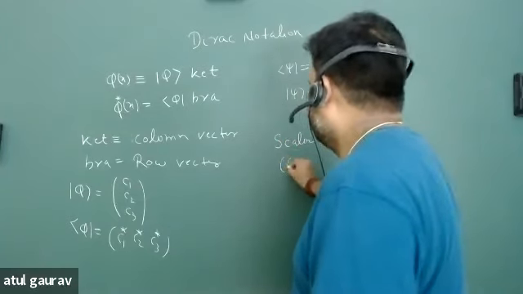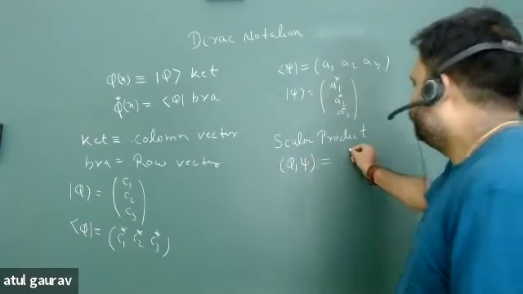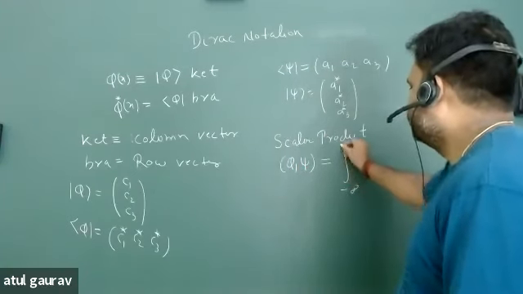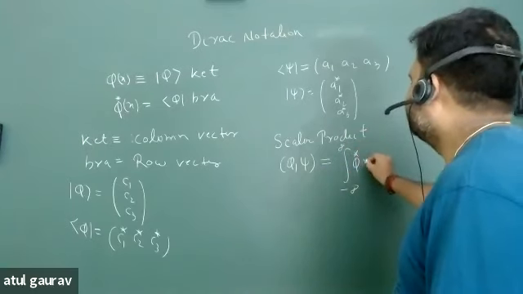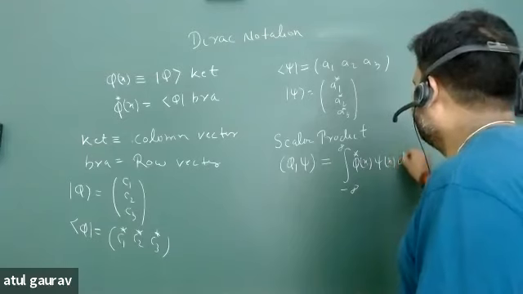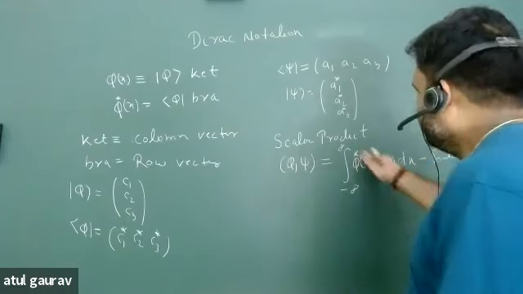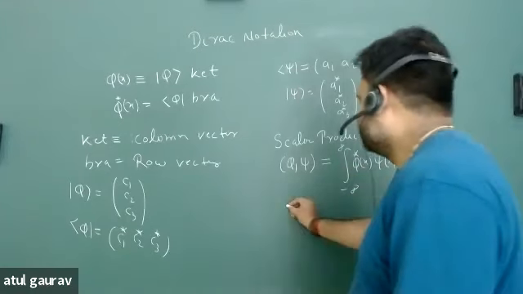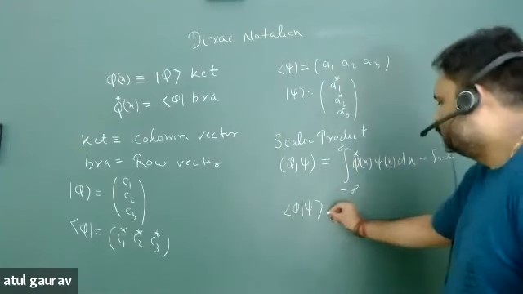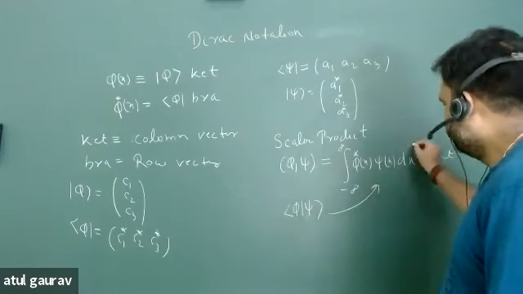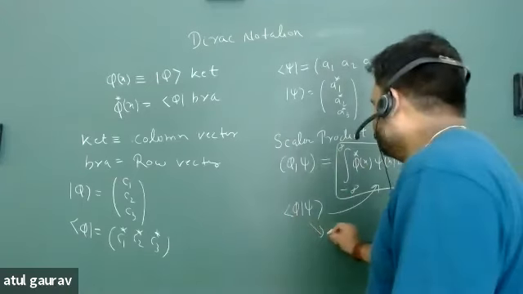The scalar product is written as phi and psi, and this is mathematically equivalent to the integral from minus infinity to plus infinity of phi star of x, psi of x, dx, and this must be some finite number. And the same thing in bracket notation, I can write as phi psi. So these are the same thing. This whole thing is nothing but the scalar product.